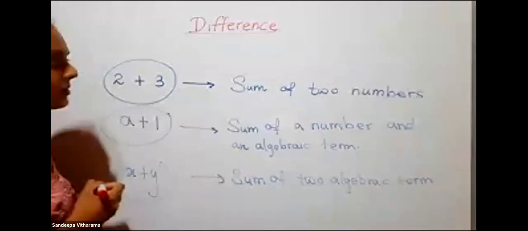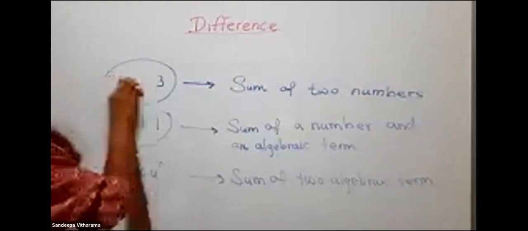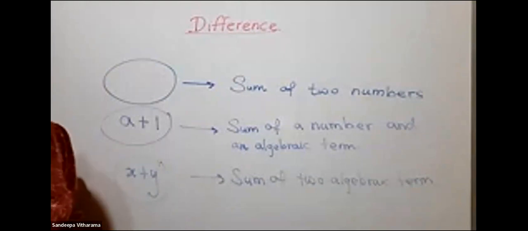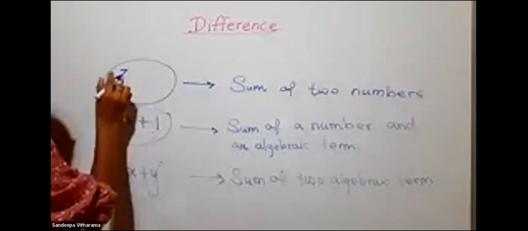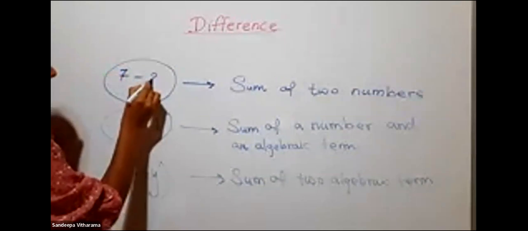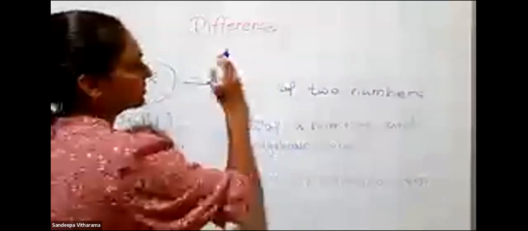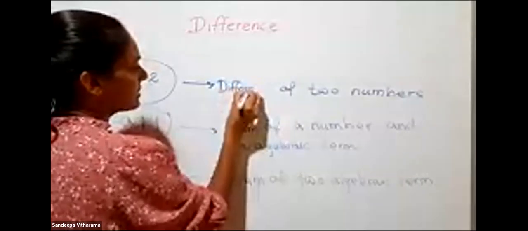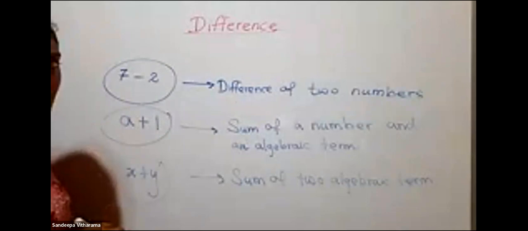Difference. Okay. Then what is meant by difference? That means if we express a subtraction between two numbers, 2 is subtracted by 7, then it is called the difference of two numbers.